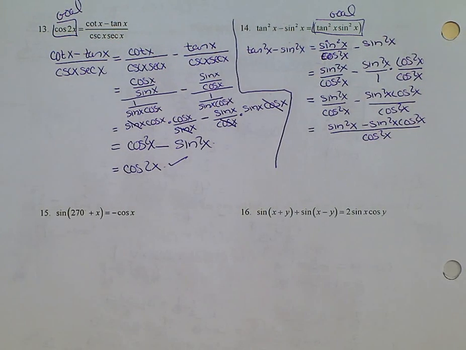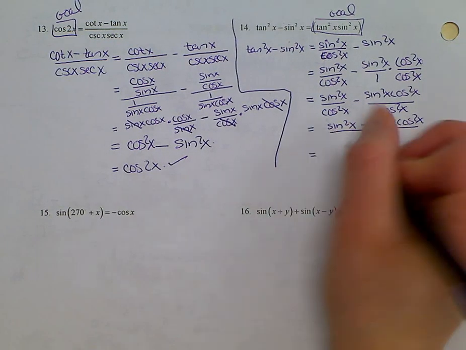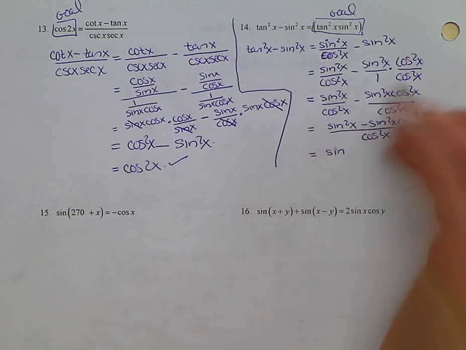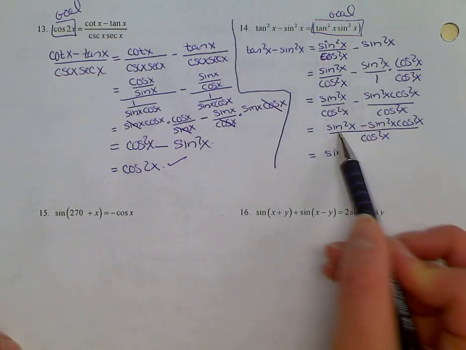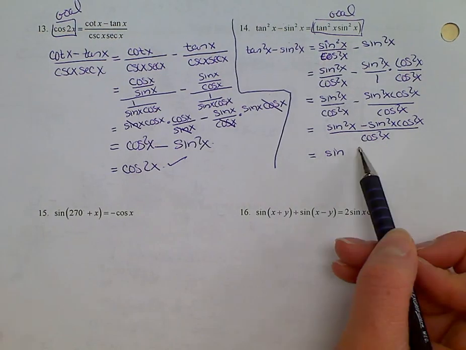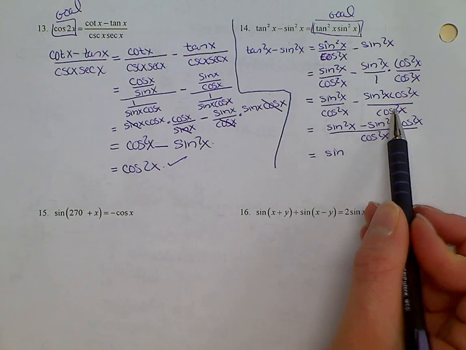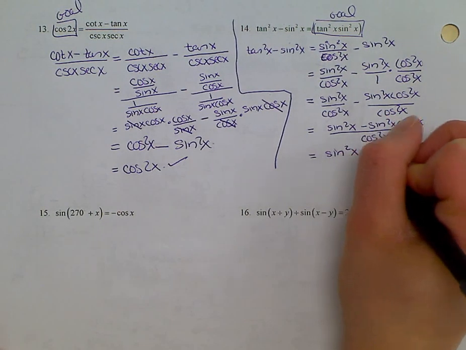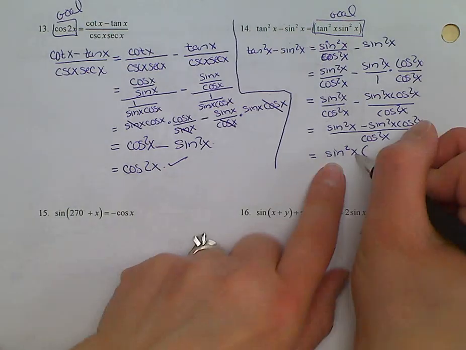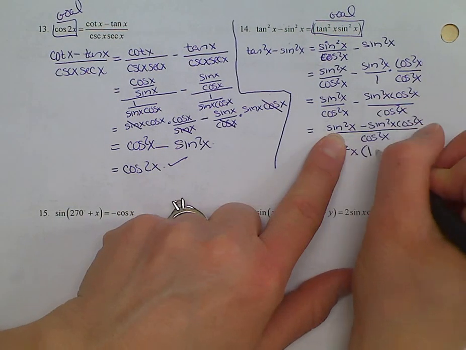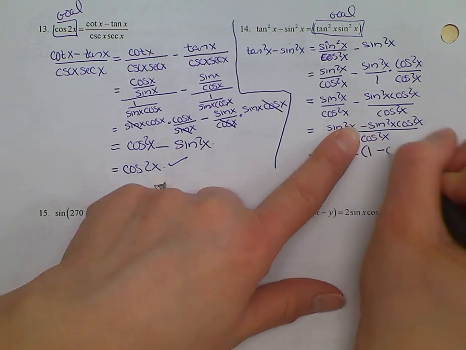Then we factor out a sine squared. Well, at least that's what I think we need to do. I see that these both have a sine. There's really nothing else that we could do other than re-break this apart. That's not going to help us. So I'm going to try factoring out a sine squared. So if I factor out a sine squared, this becomes 1, and then this term would be left with a cosine squared.